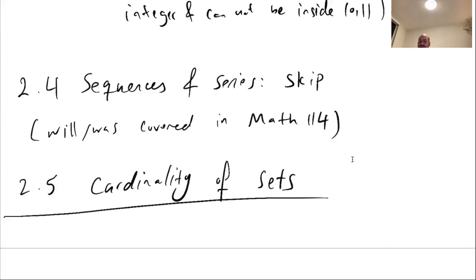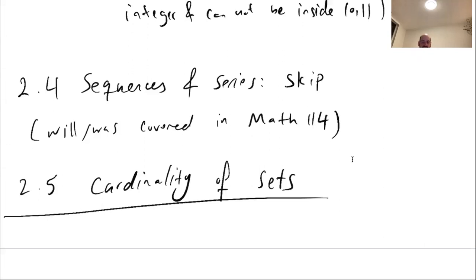But the important job that we want to do here is to compare the infinities. Yes, for example, natural numbers and real numbers both have infinitely many elements.